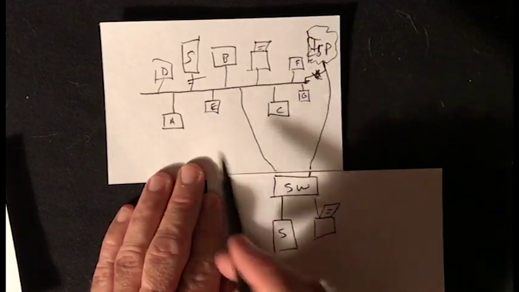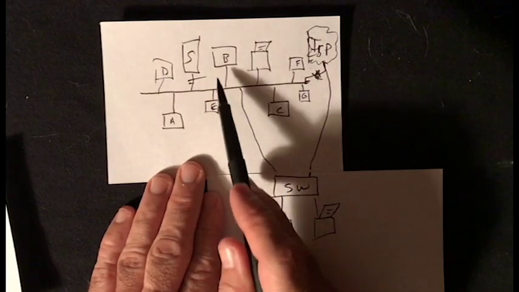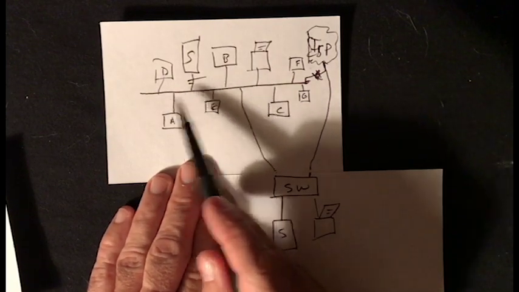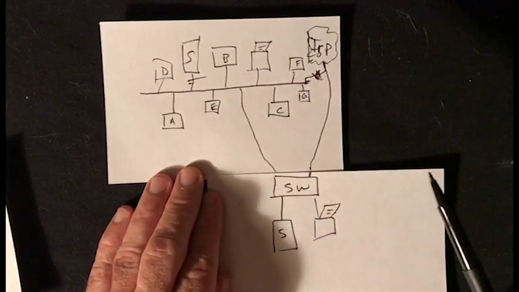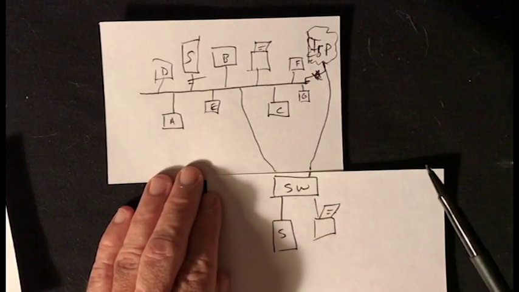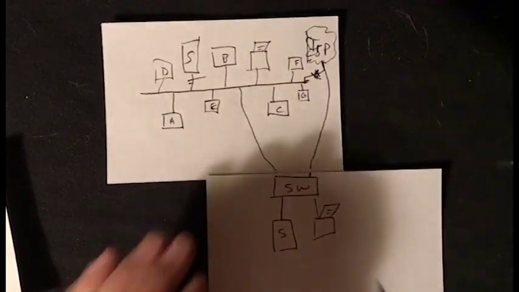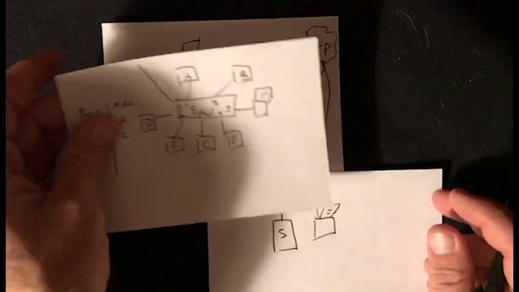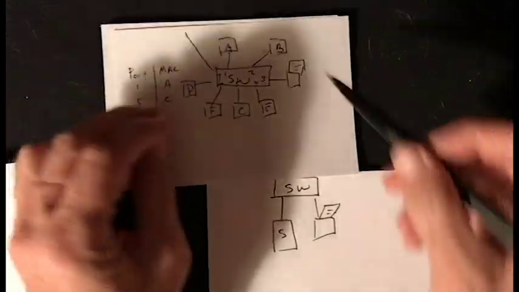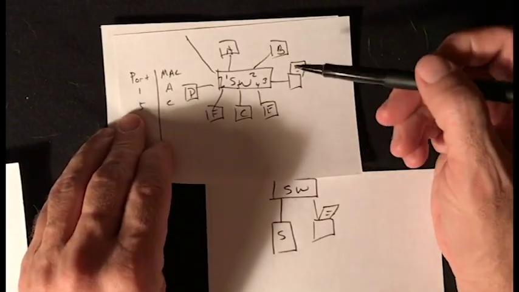But again, I needed to put in some smaller switches, get rid of the bus altogether, and ultimately I wanted to go for this kind of situation where everybody's on its own port on a switch.